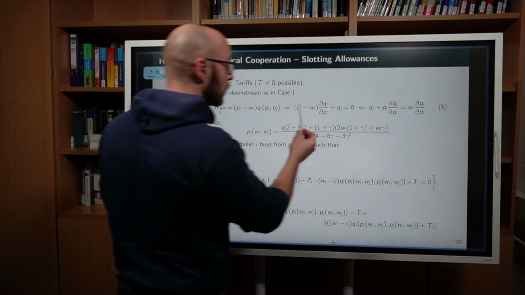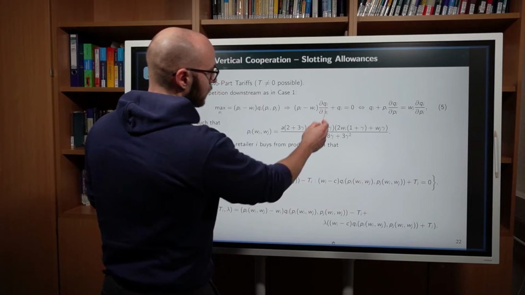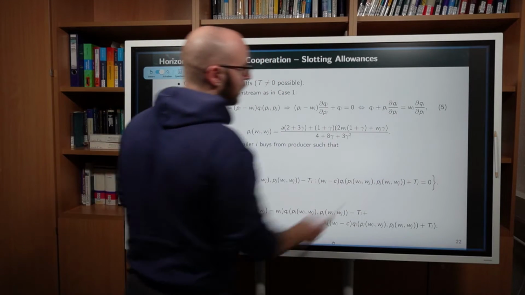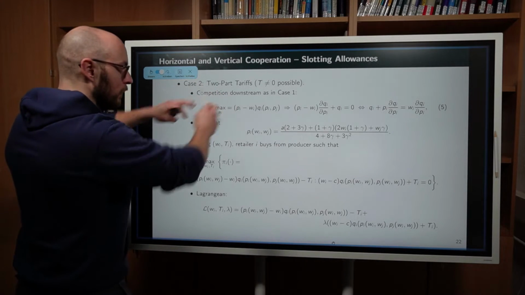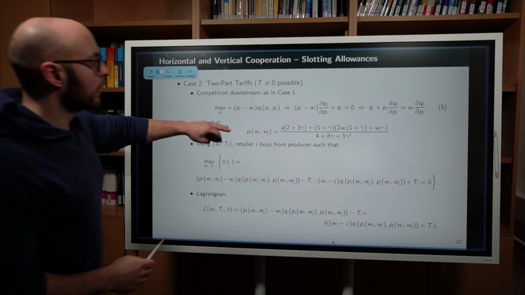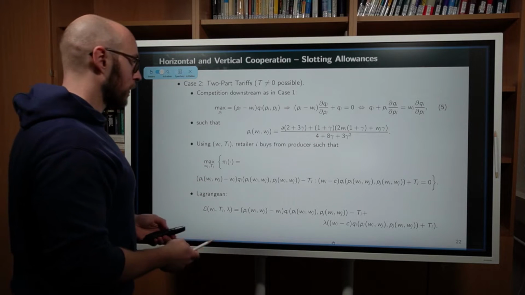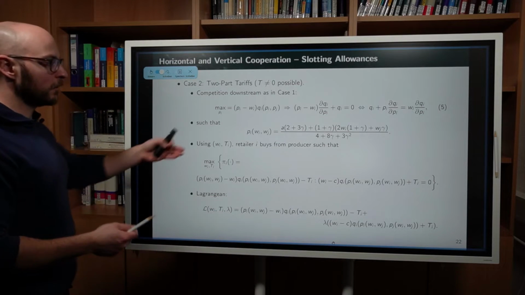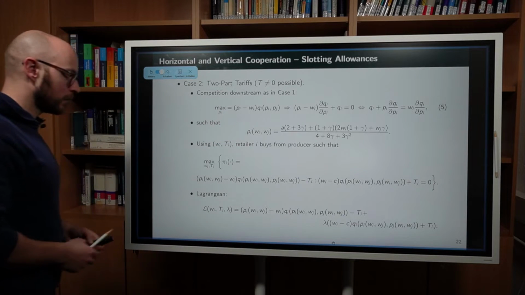So what you just do is bring Wi times del Qi del Pi to the other side, which we will use later, so keep that in mind. But for now, we're continuing with our equilibrium price, which is the same as before because it hasn't changed, right? So if we calculate the explicit solution, then it looks like this.